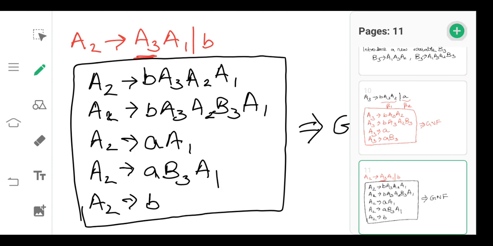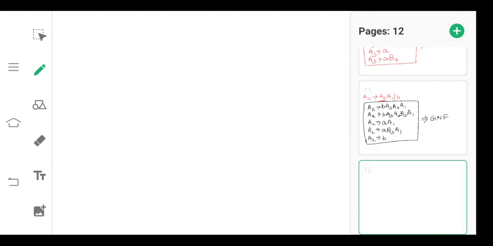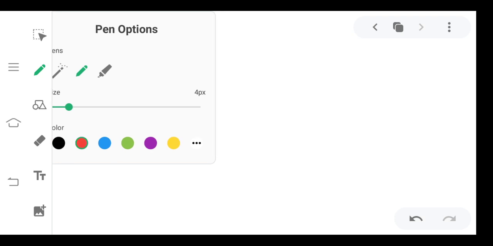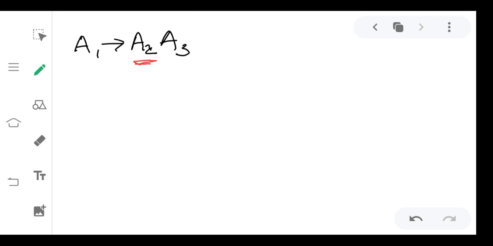We have to substitute this A2's equation in equation 1, which is A1 produces A2, A3. So instead of A2, we have to substitute with the A2's equation. Here in GNF, we have to check only the first letter, that is, in the right hand side, we have to check only the first symbol.